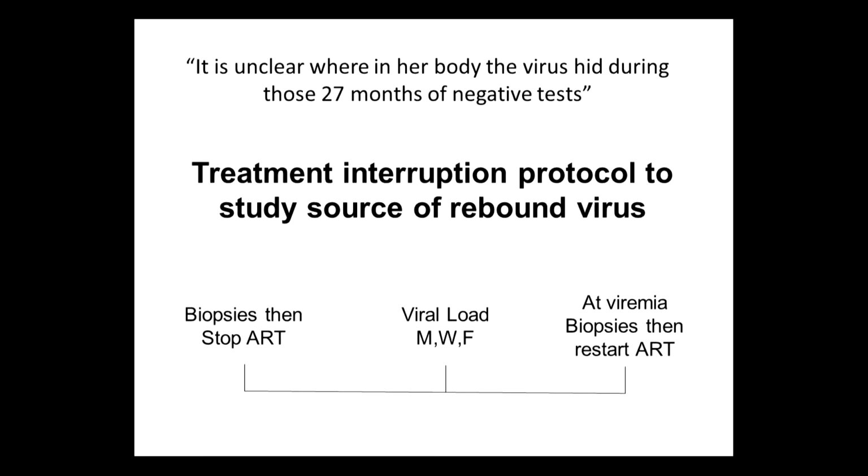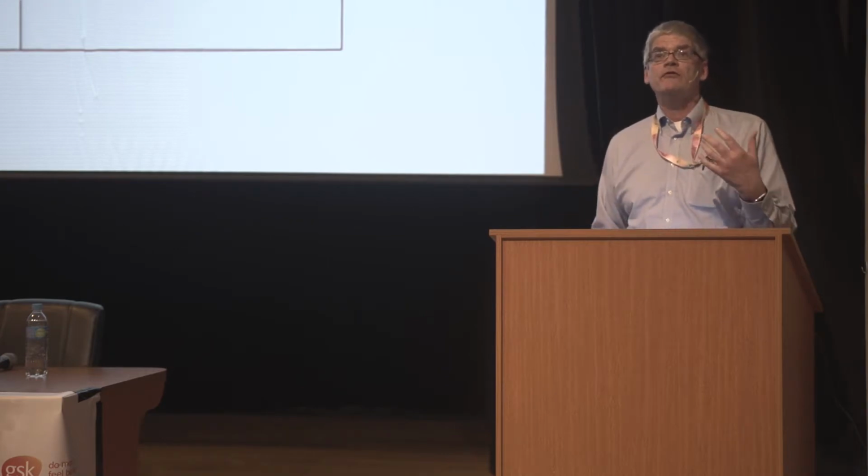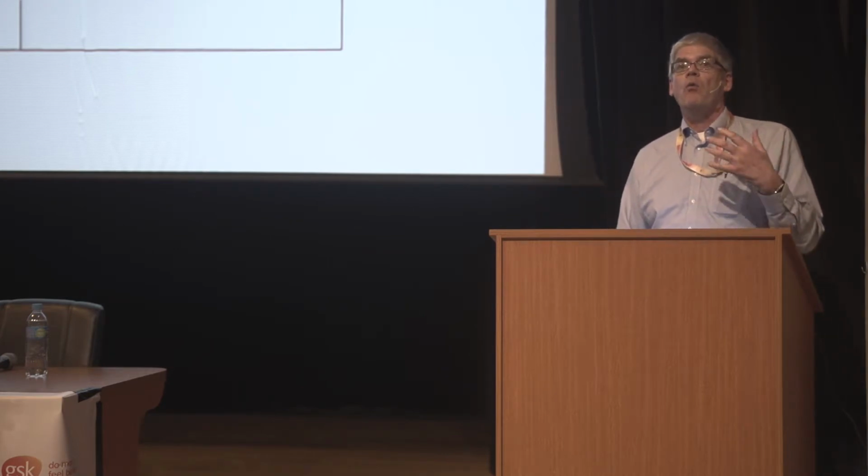And if you think about it, when we get into cure therapies, when we get into interventions where we want to see if we've cured the patient, what are we going to do? There's probably only one strategy that's going to test the effectiveness of those interventions, and that's this treatment interruption. So we've shown that this is safe and can be done.